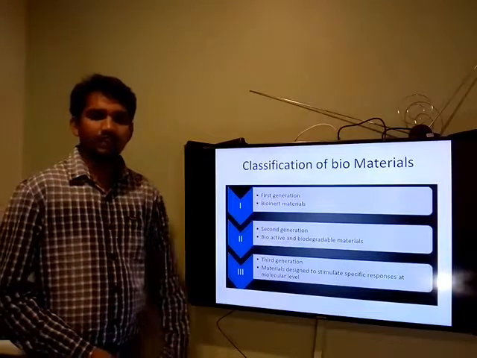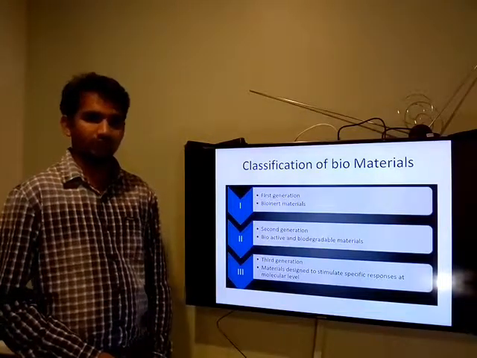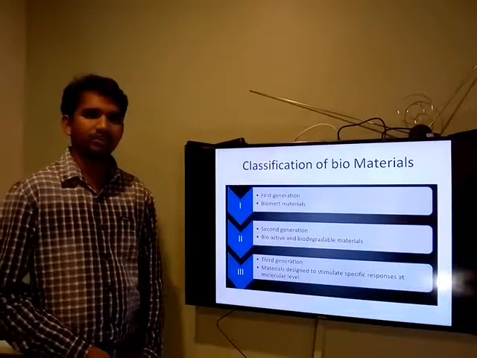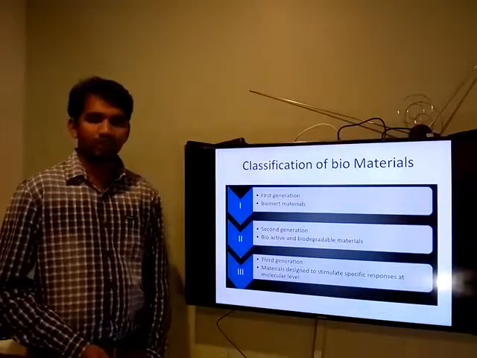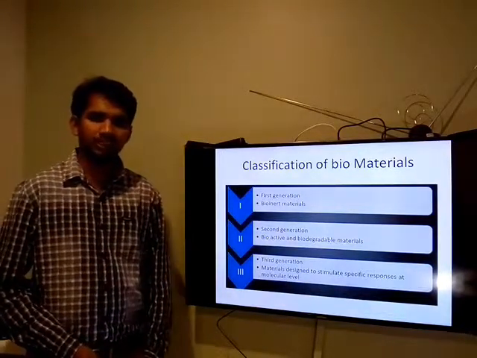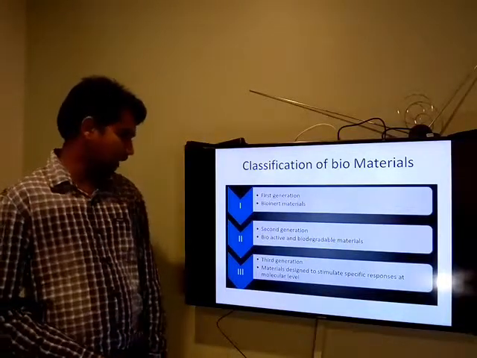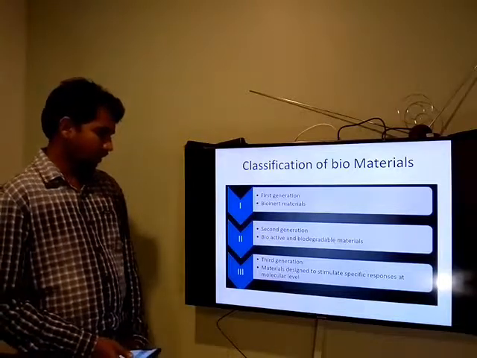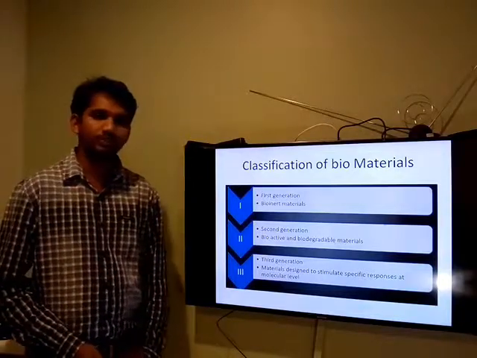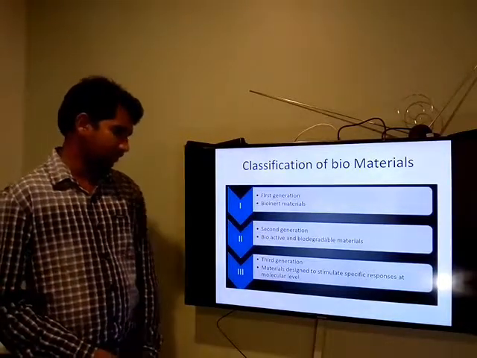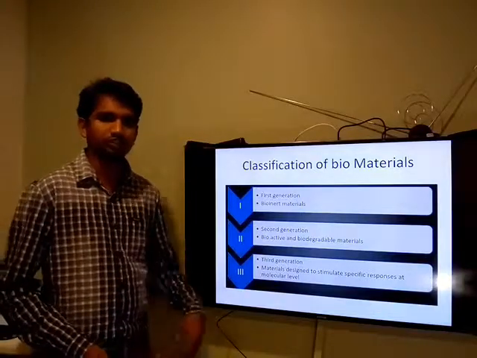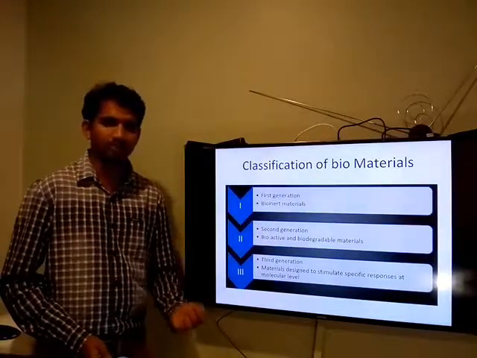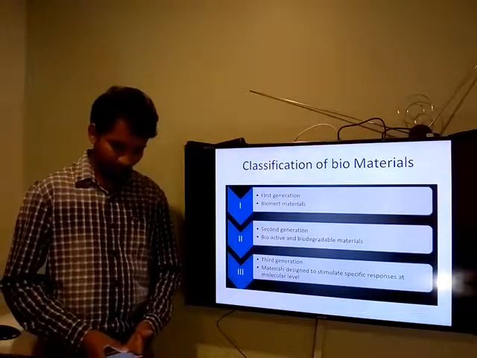Biomaterials are generally classified in three manners: first generation, second generation, and third generation. In first generation come the bioinert materials. Second generation is bioactive and biodegradable materials. Third generation is material designed to stimulate a specific response at the molecular level, which is a very high level of replacement, like heart replacement or heart valve replacement.